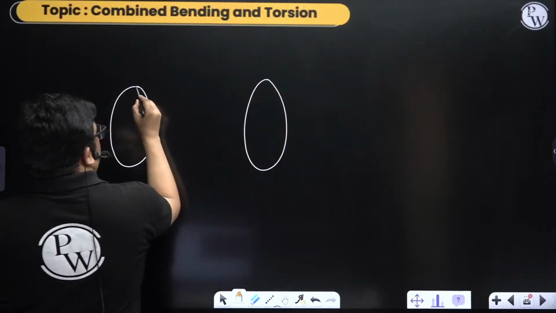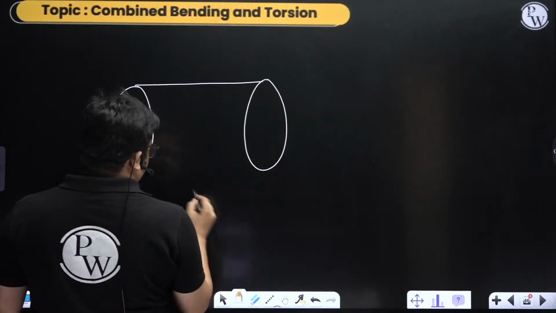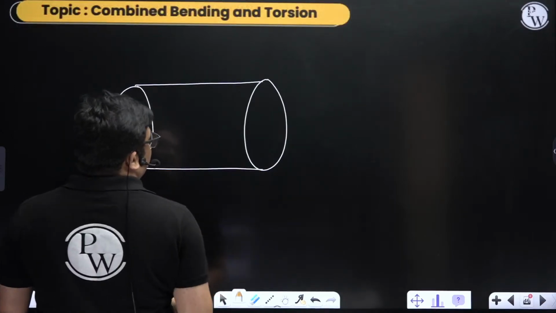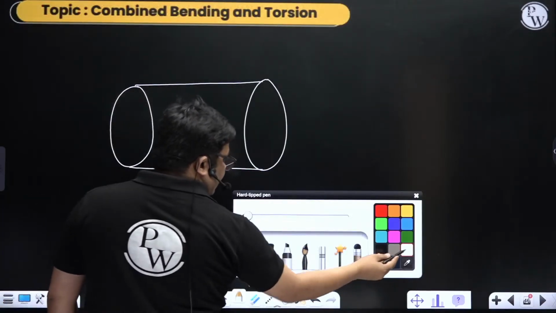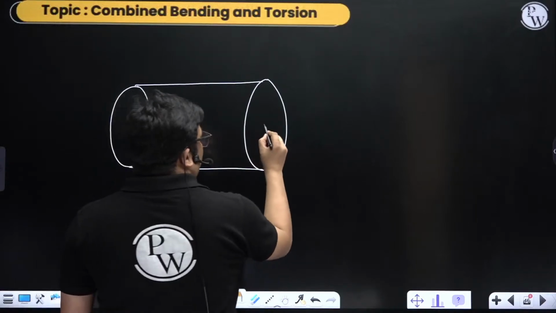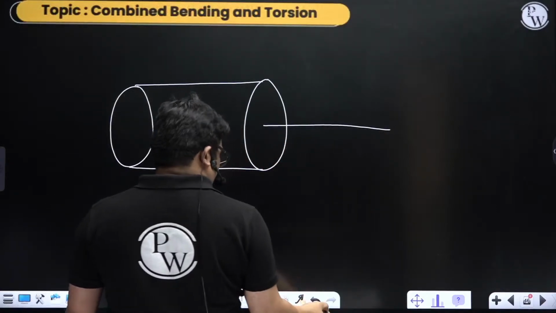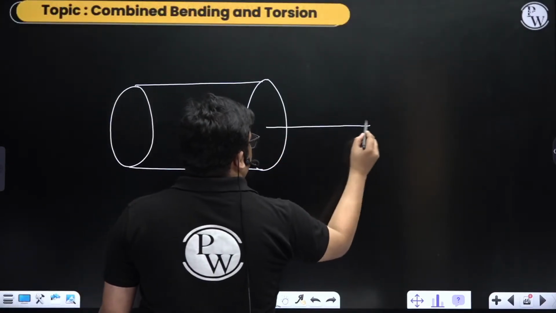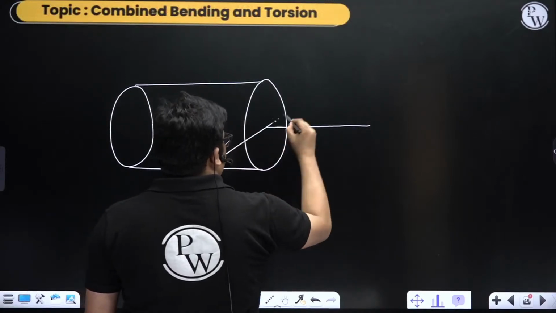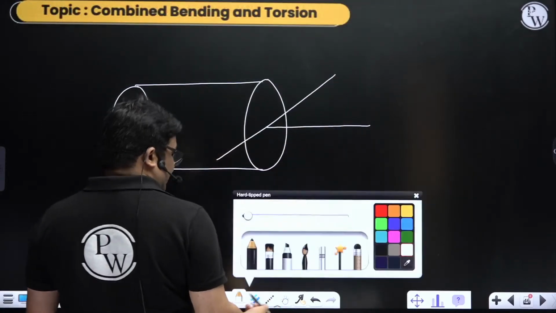So suppose this is a shaft. This shaft has a longitudinal axis, and this is the lateral or transverse axis.